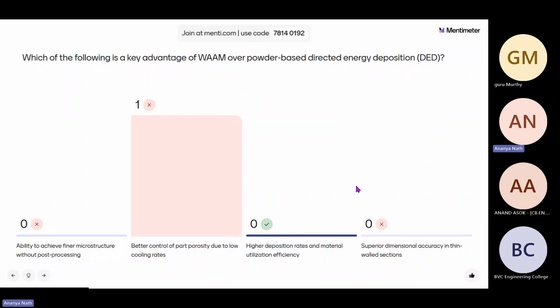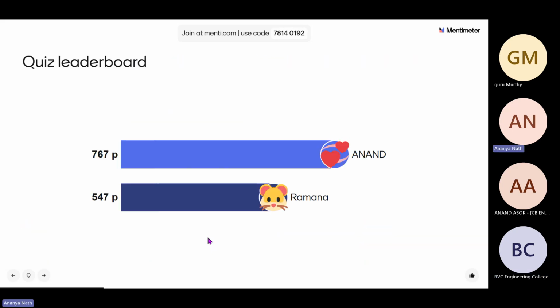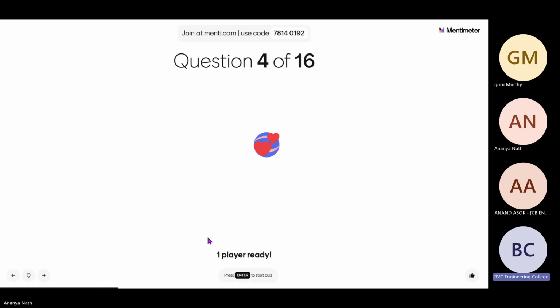Better control of part porosity due to low cooling rate: low cooling rate I would not recommend, but part porosity is obviously better, so this second option is controversial. The right answer is higher deposition. Okay, no point. No worries.